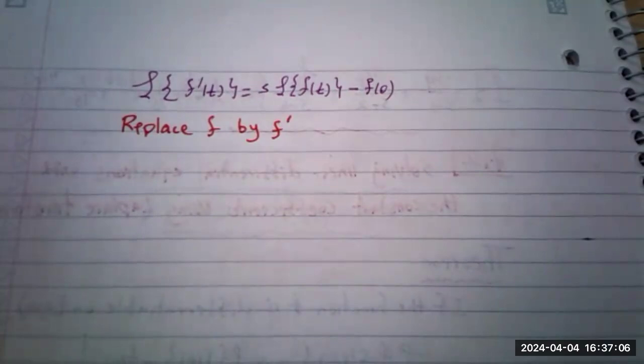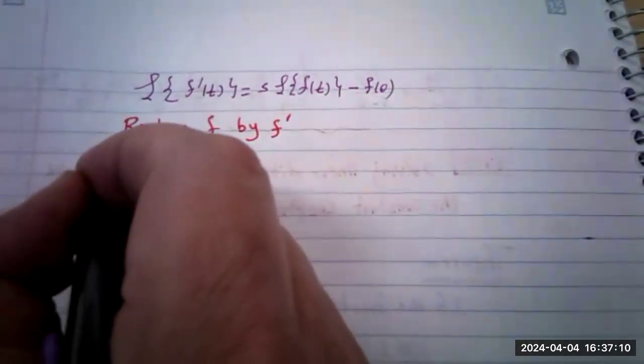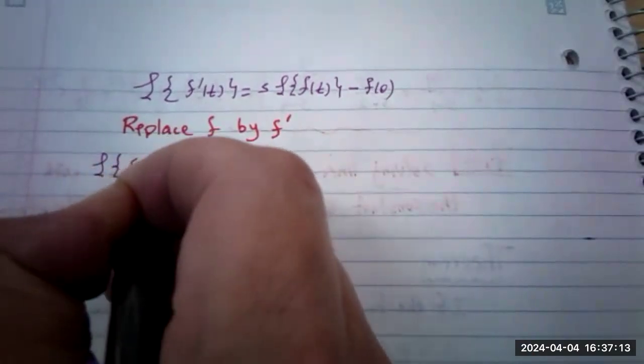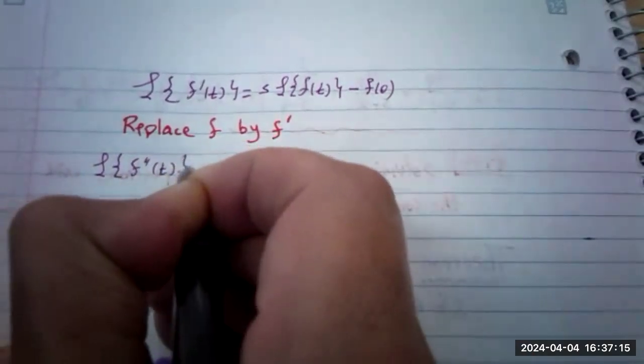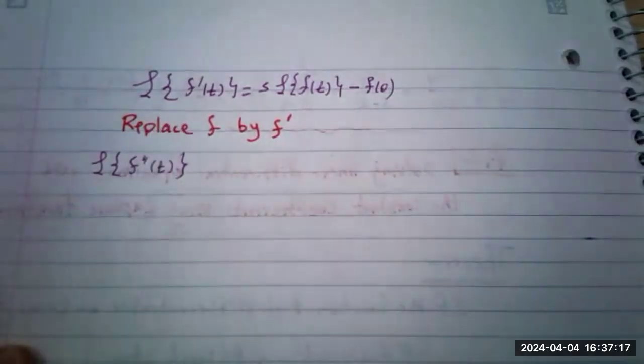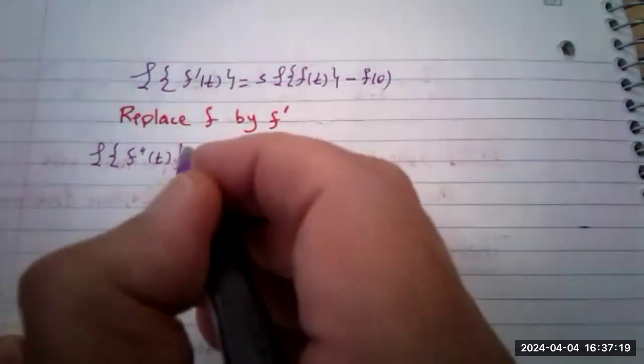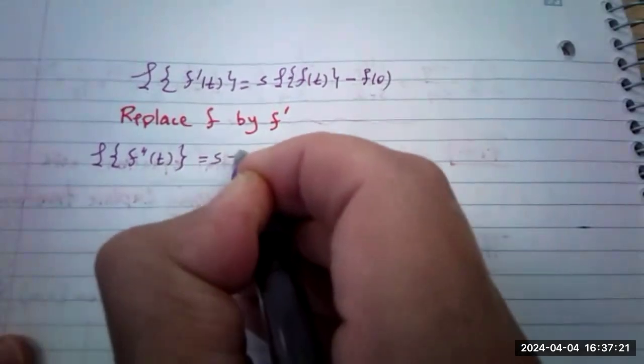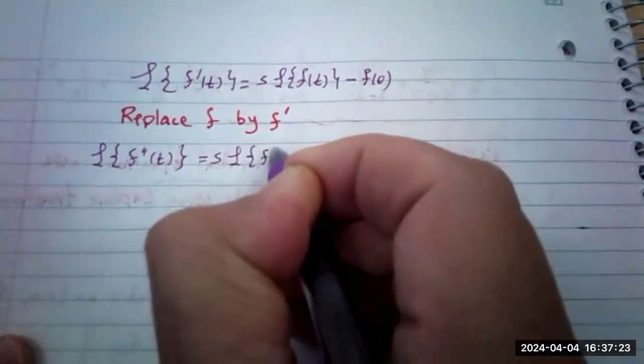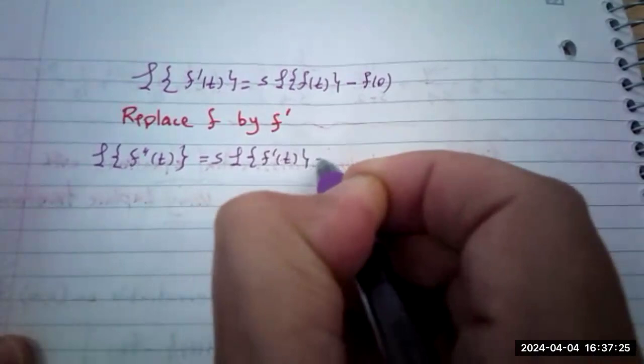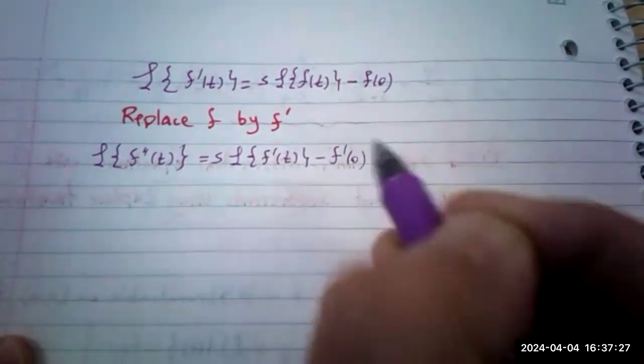If you replace f by f prime, what are we going to get now? Over here, we get the Laplace of f double prime, since the derivative of f prime is f double prime. And here you get s times the Laplace of f prime of t minus f prime of 0.